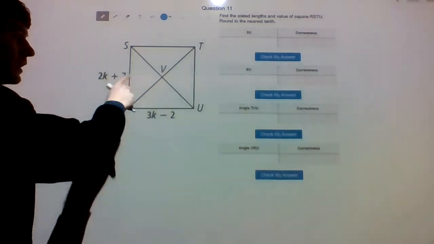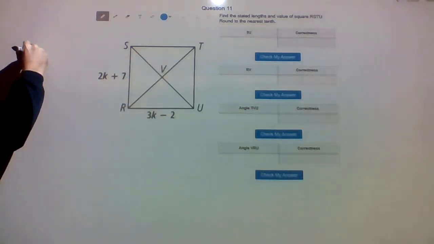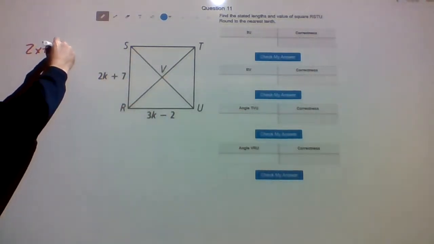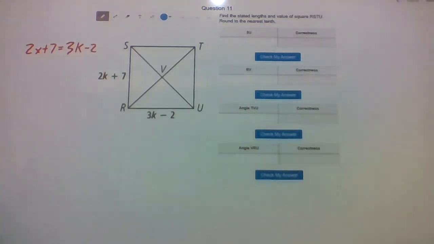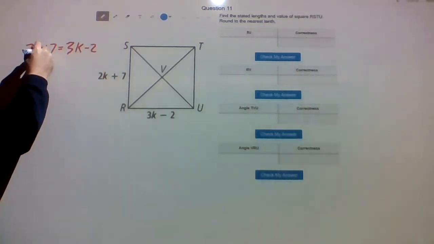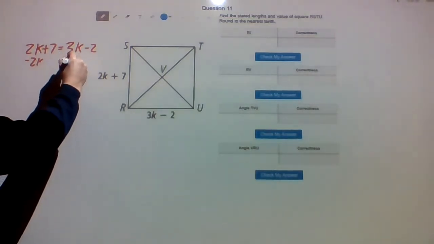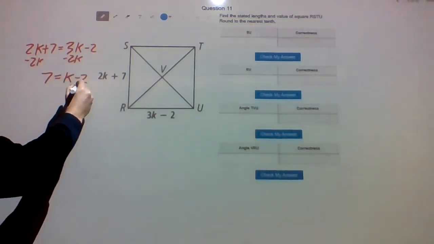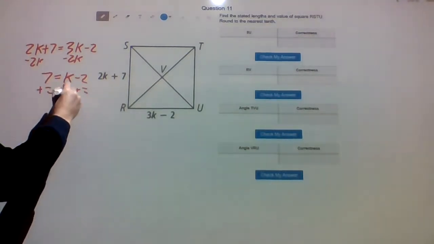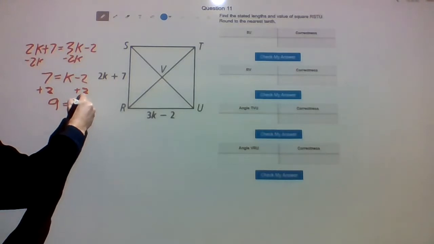So we know all the sides are congruent, so we can do 2k plus 7 equals 3k minus 2. We can subtract 2k from both sides. That's going to be 7 equals k minus 2. We add 2 to both sides, and we get 9 equals k.